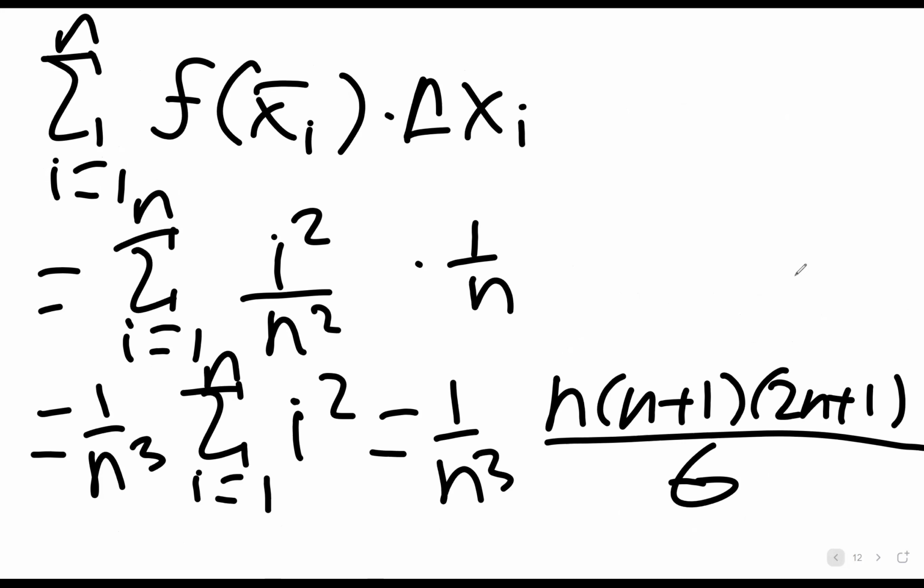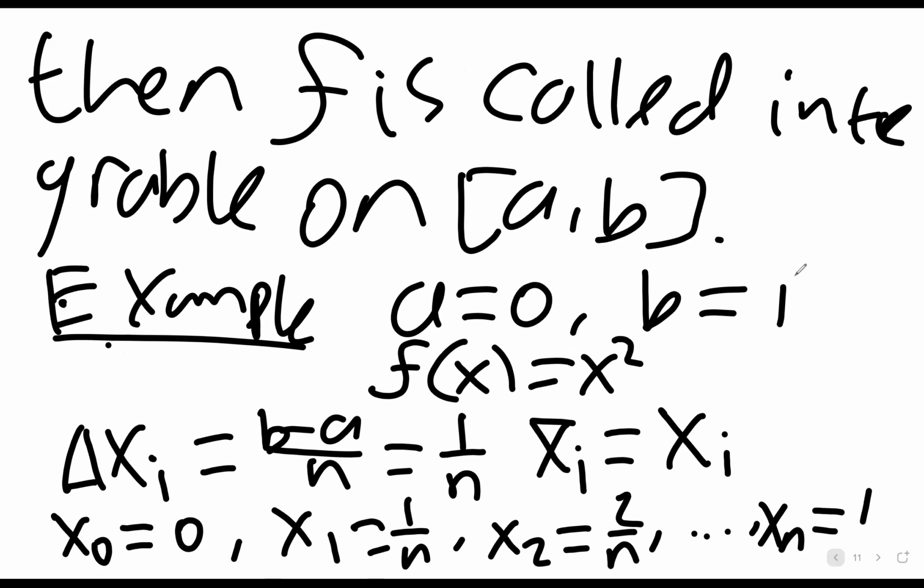The reason is that here delta x1 is 1 over n, and so forth, right? We have the interval 0 to 1, and then we divide it into n subintervals.